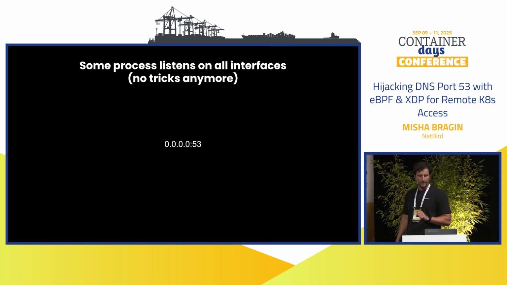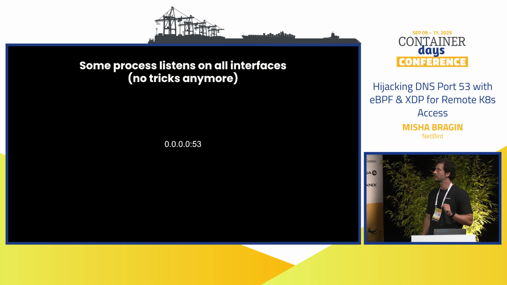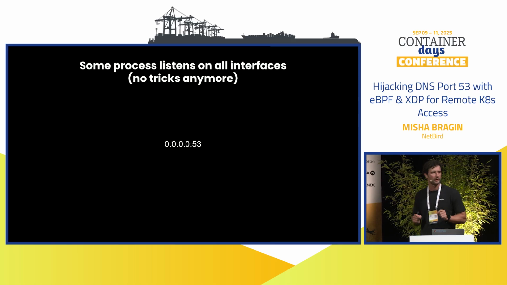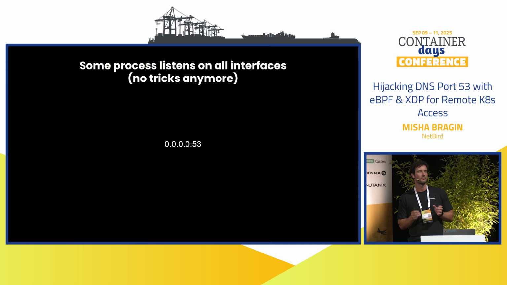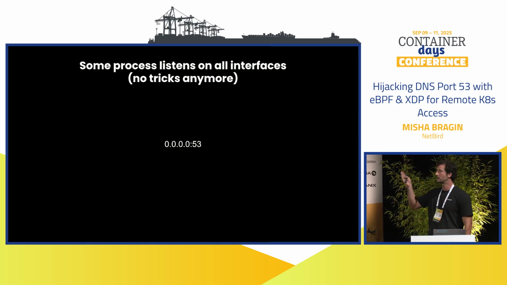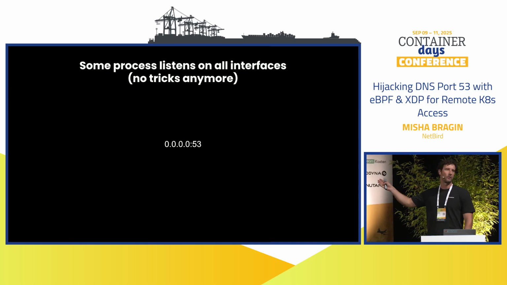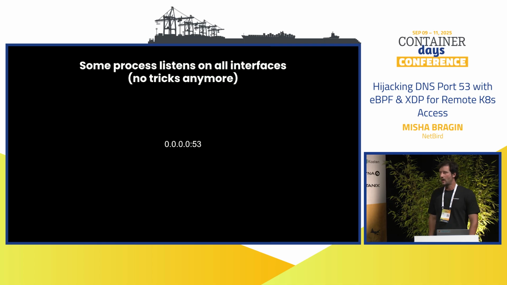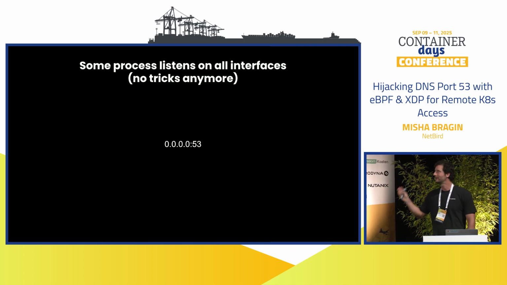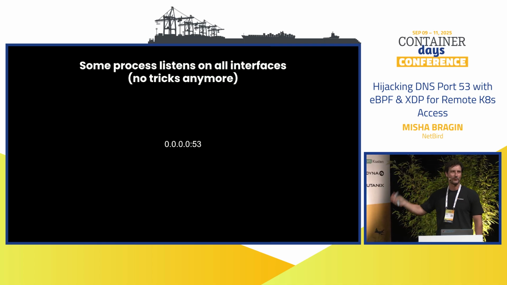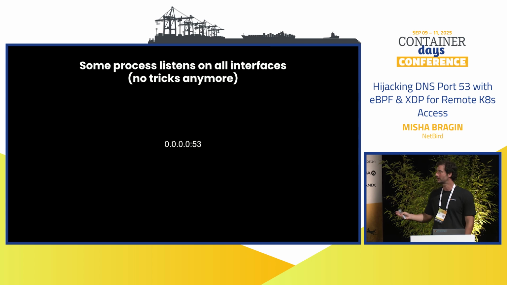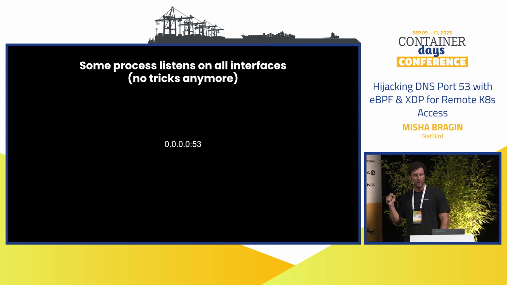but there is a problem. Sometimes network administrators or system administrators change the configuration of certain services, and they can listen on all interfaces. I love you guys, but sometimes it causes problems, and we have to be ready for this kind of problem.